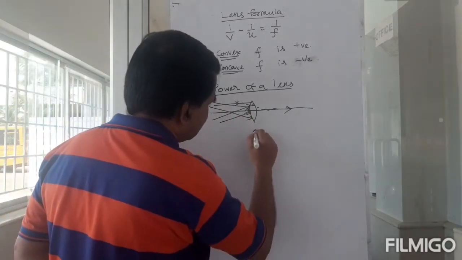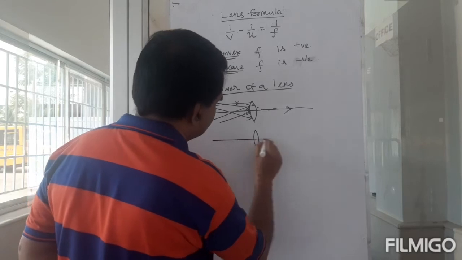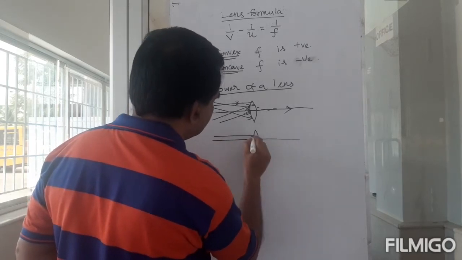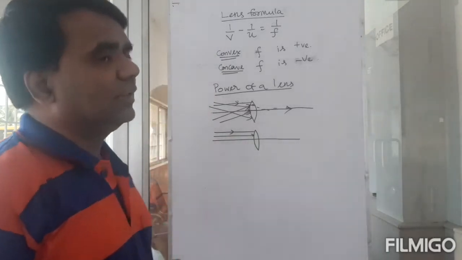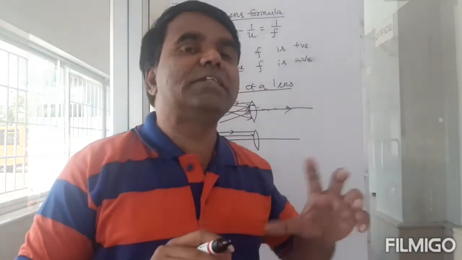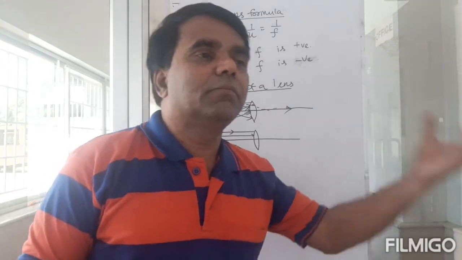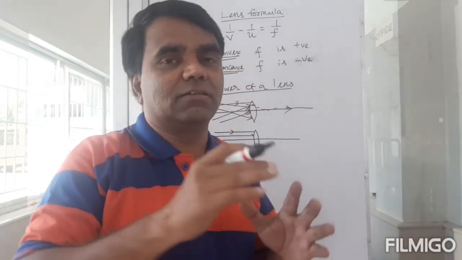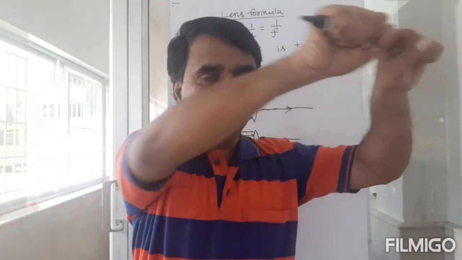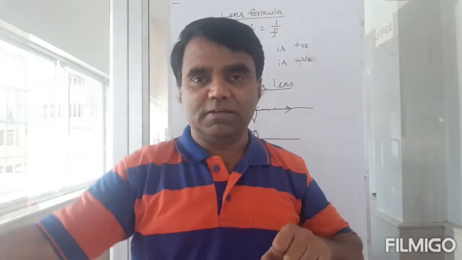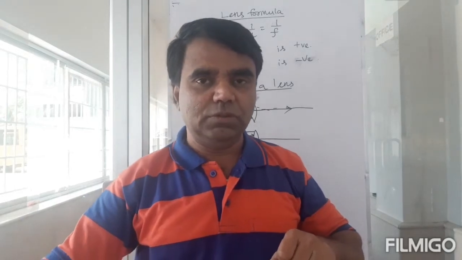Okay, I'll do it this way. Let me take parallel rays. And I can say that the power of a lens is the ability of the lens to bend a parallel ray, or the angle. If the lens is powerful, then it will take this parallel ray and bend it more.